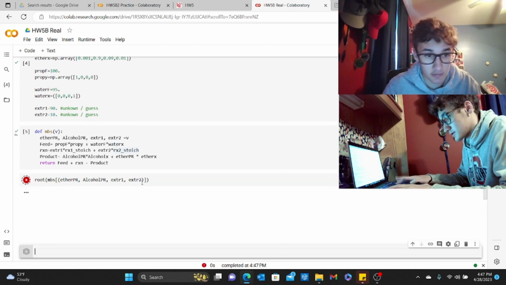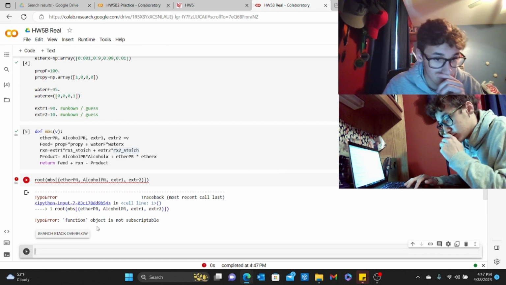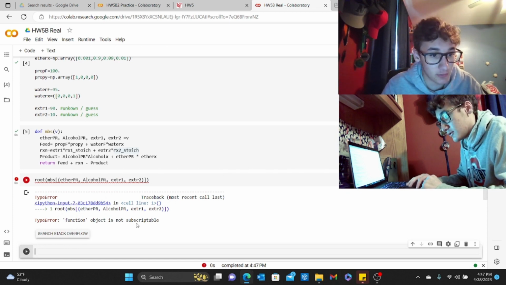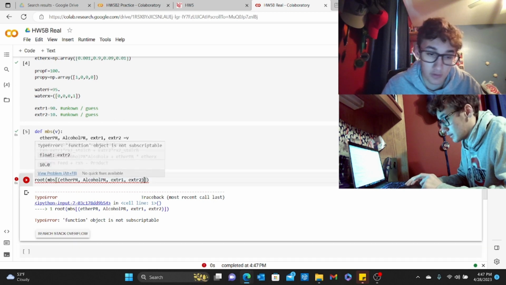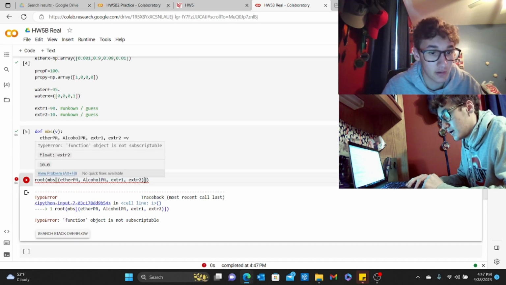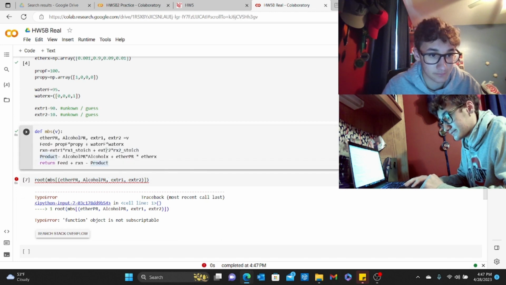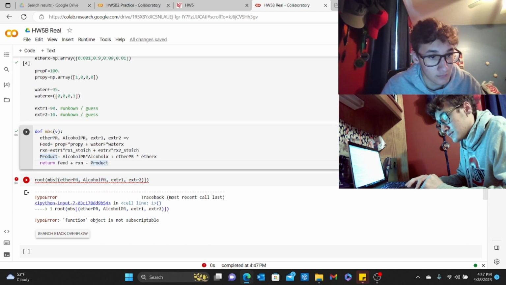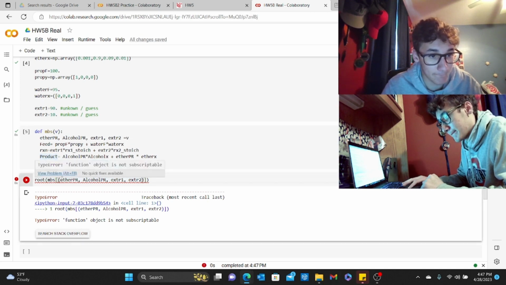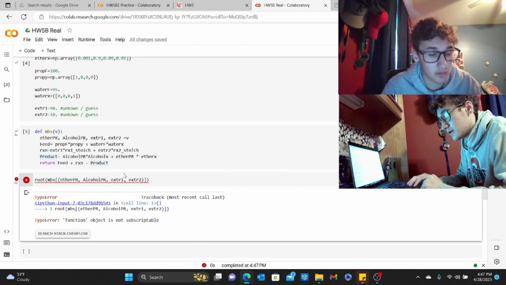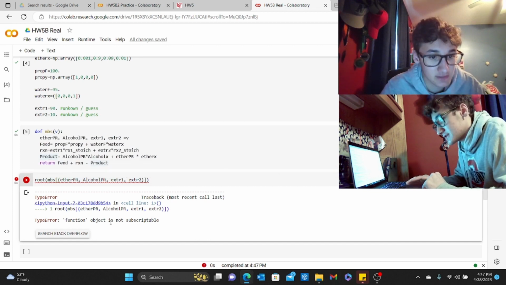Let's see if that works. So it says function object is not subscriptable, which means, well, it obviously means I made a mistake somewhere. Let's see, so it says object function is not subscriptable.